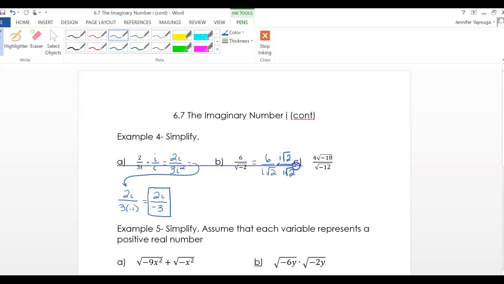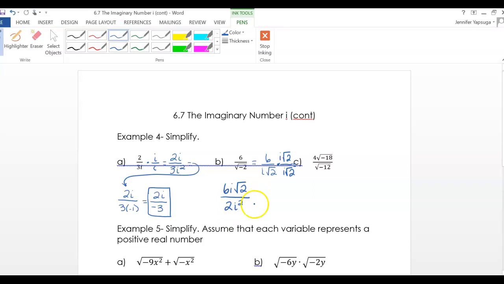Okay, and then for the answer to that problem, I'm going to rewrite this as 6i square root of 2 over, and now I have i squared times 2. Actually, let me rewrite that as 2i squared.